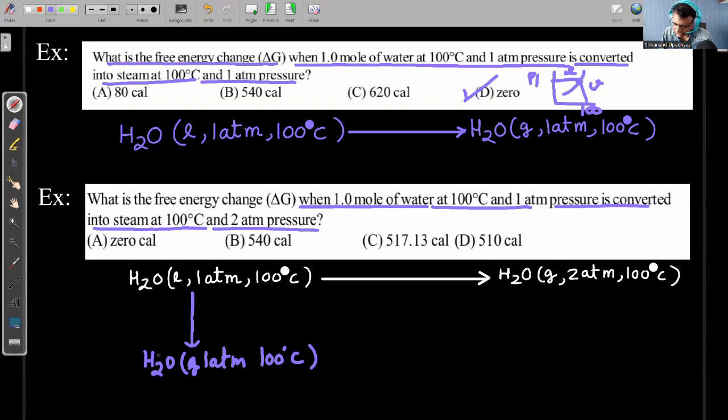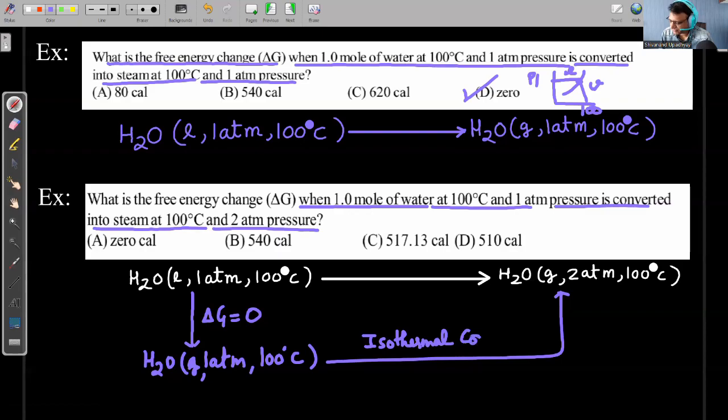We already know under this condition equilibrium is there, so delta G for this path is equal to 0, and then we move from here to here. For the gas, temperature is constant and pressure is increasing. So this is isothermal compression, assuming the gas is ideal in order to solve it.